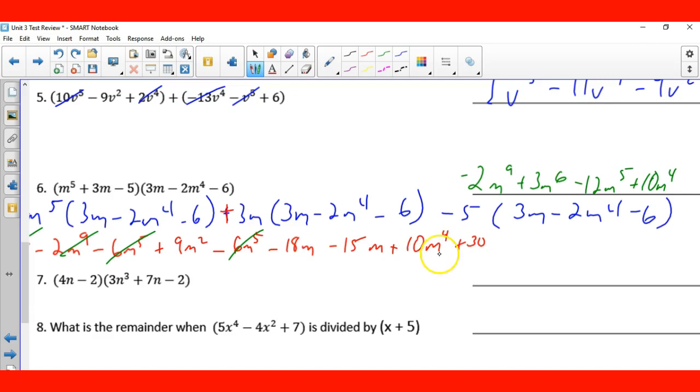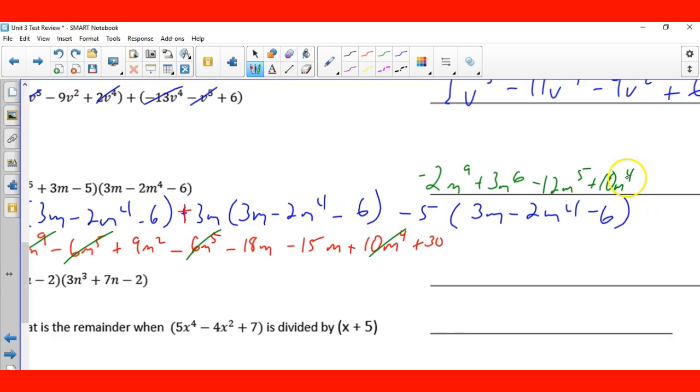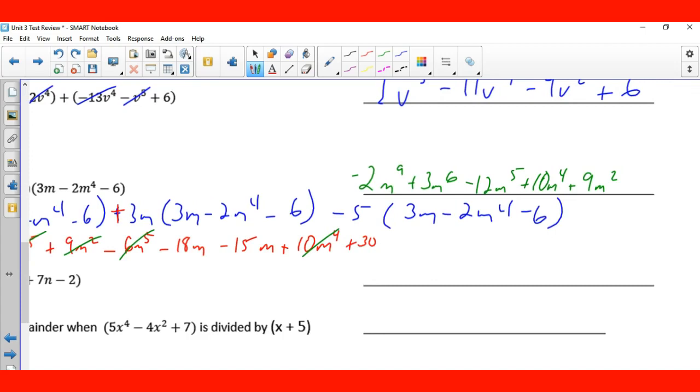Then we have 9m squared. And then we have negative 18m minus 15m, and that's going to give us a negative 33m. And finally we have plus 30. Alright, so there we go.